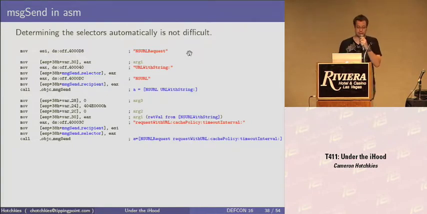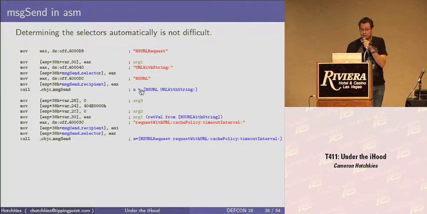So in assembly, this is what it's going to look like. I've described it, but you can see the selectors being passed in right here with the colon. NSURLRequest has an NS capital letter prefix, so we all know that that's going to be one of the Objective-C base framework classes. And this one's kind of weird because it sort of does it out of order, but I've added a script that will just go through and move these things around.